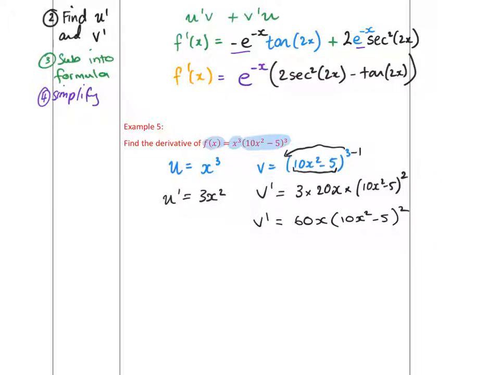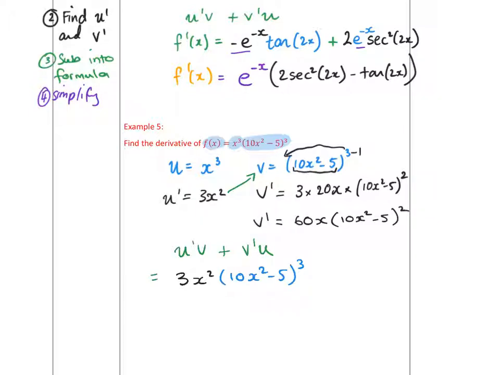Now if we go to our formula, we know that for the product rule, we're after u dash v plus v dash u. Well, u dash is 3x squared times v there. So we've got 3x squared outside of 10x squared minus 5 cubed.